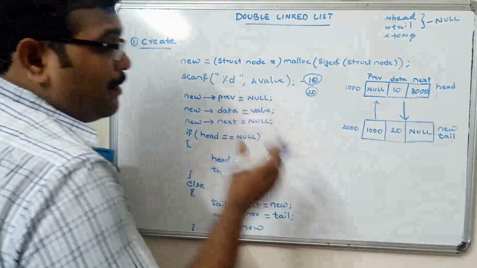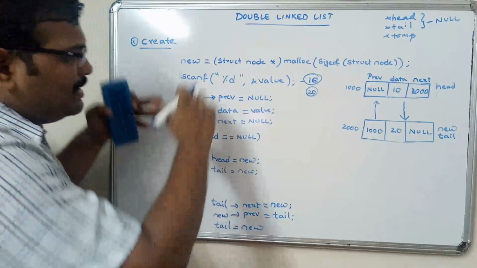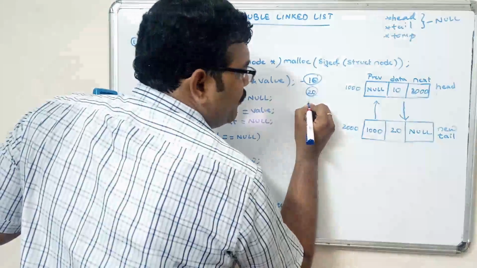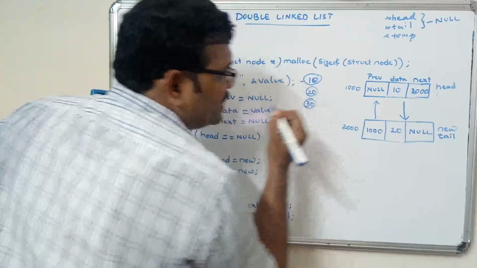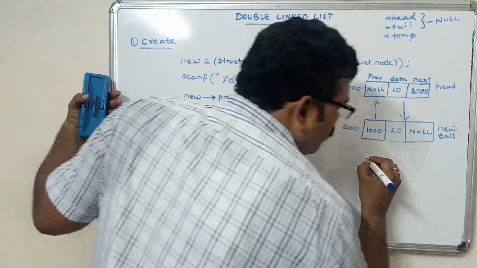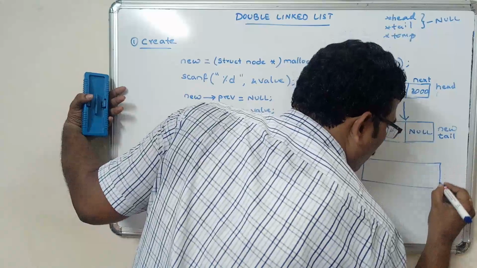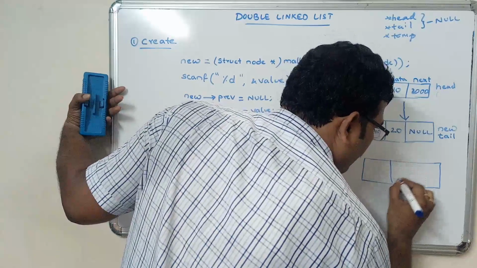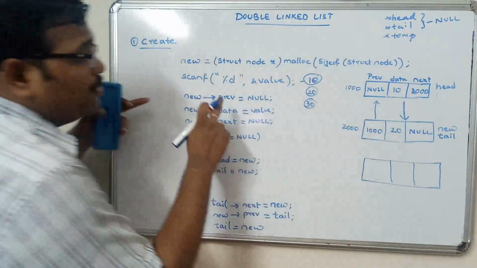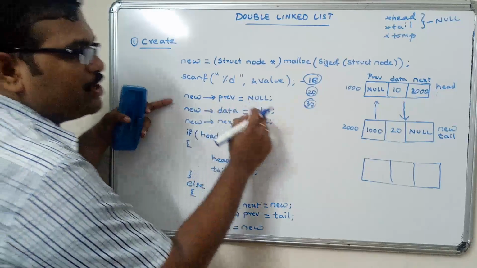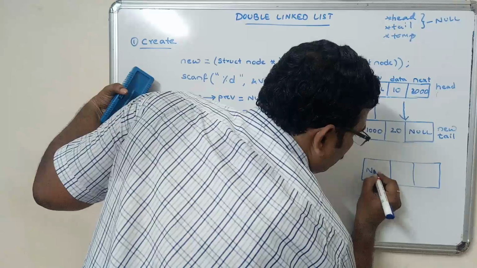Now see, this is the second iteration. In the third iteration, if you place 30, one more node is created here. See, 30: new of previous is equal to null, so this is null.